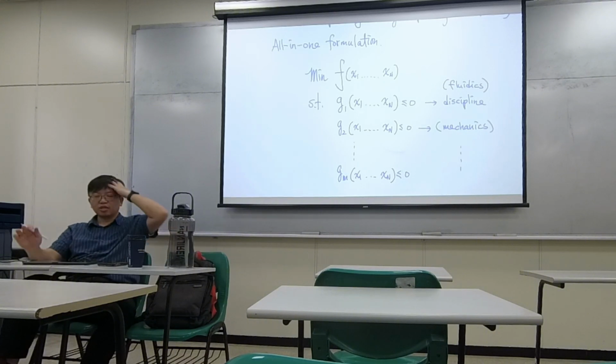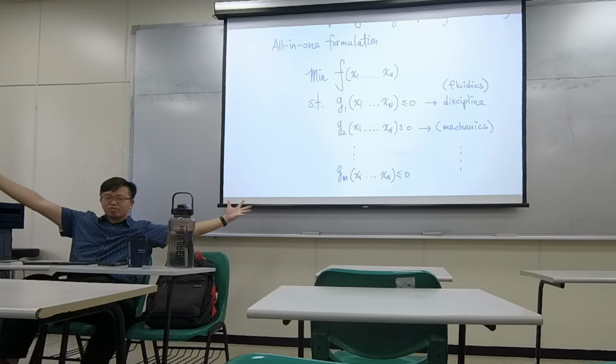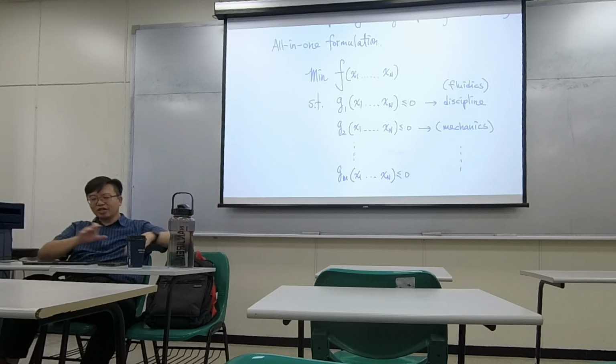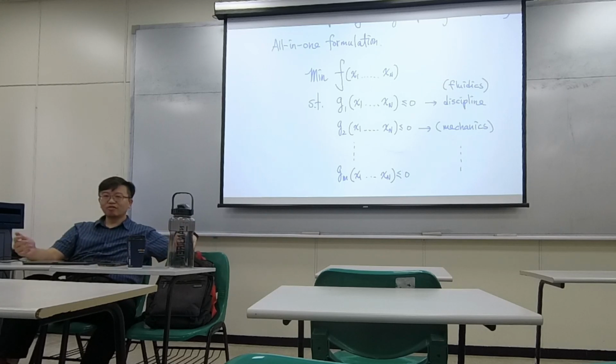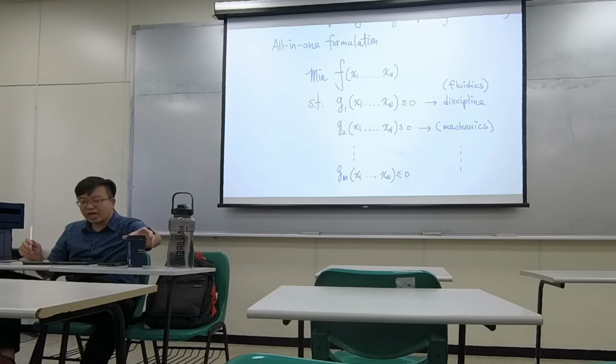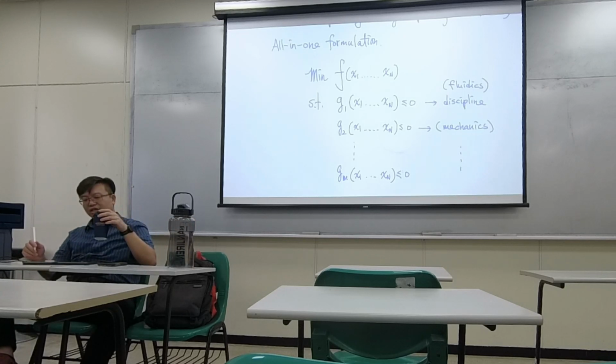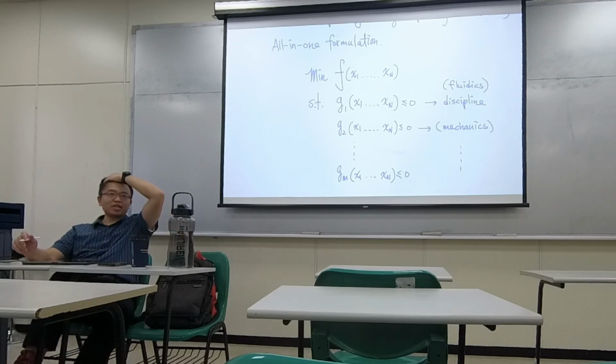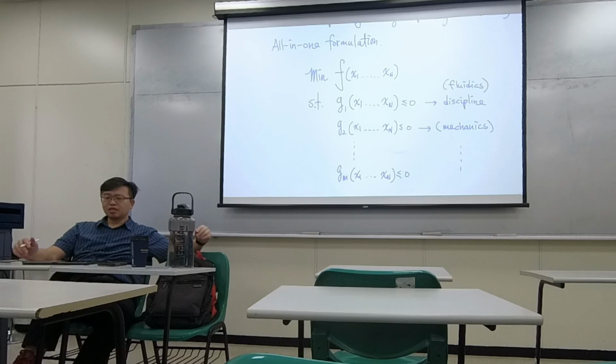So if you try to put everything together, all the required equations from the physics, from all the limitations, constraints, just put them together. They call this all-in-one. Can this all-in-one be solved in once? Yes, it can, but there's an issue.